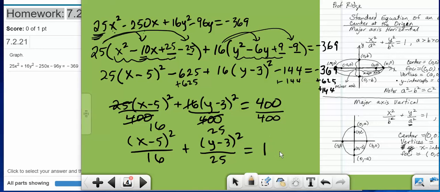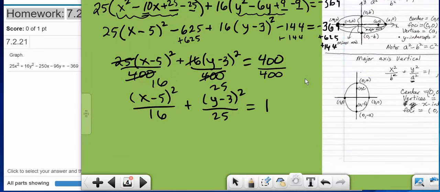Okay, so we're going to use our transformations. I have it on a different page of notes. I should have moved it over here. But basically, the center is just like we did with the circle. It's going to be the h, k. So you change the sign, so 5, 3.